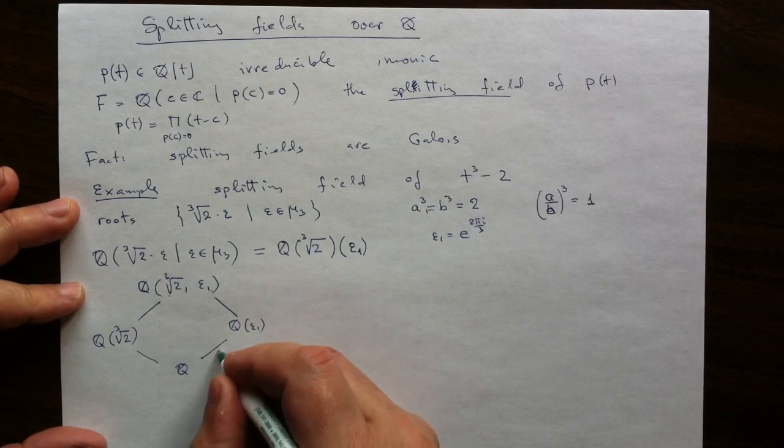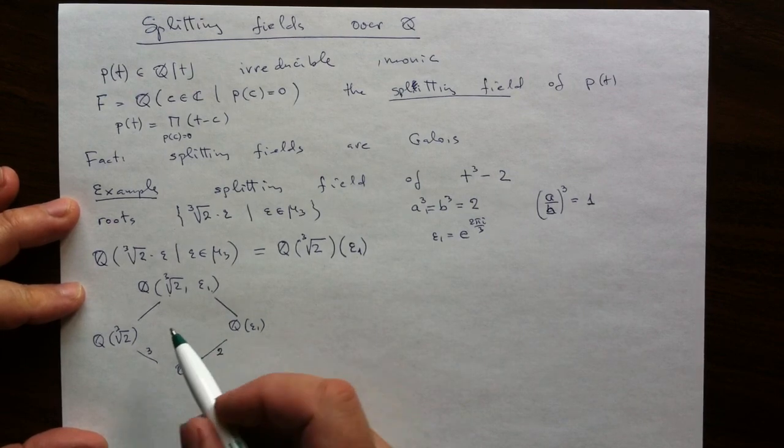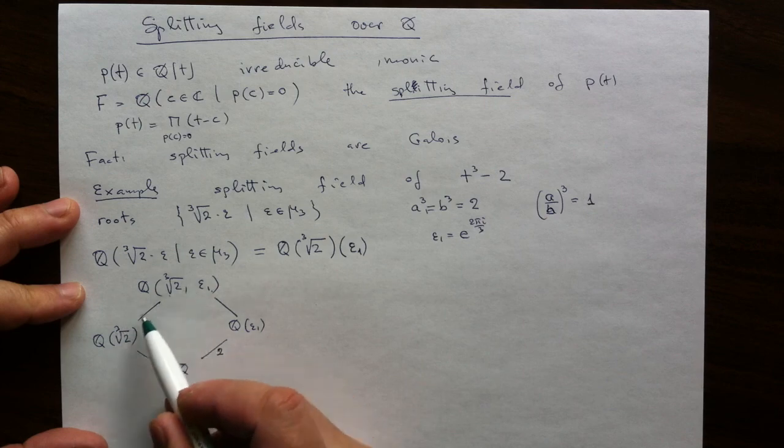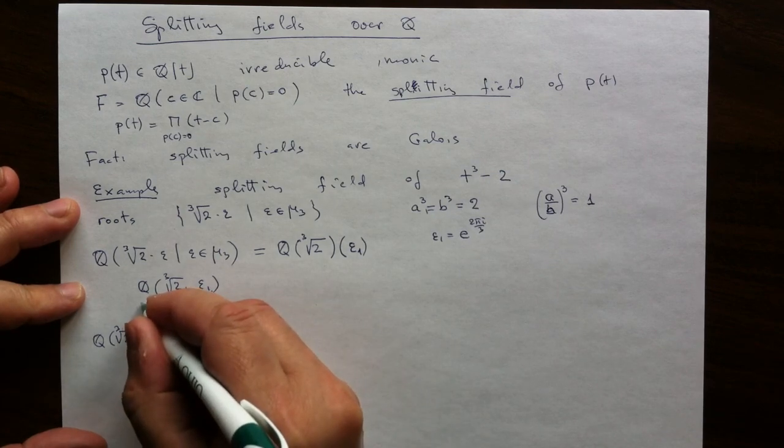So we computed the degree here, it is 2. We computed the degree here, it is 3. And then we know that, we attach to this field, say at this leg, a complex root of 1. So the degree has to be not larger than 2, it will be a divisor of 2.